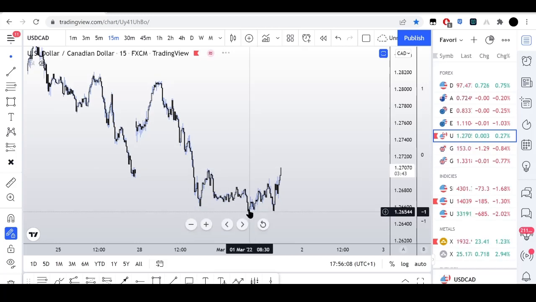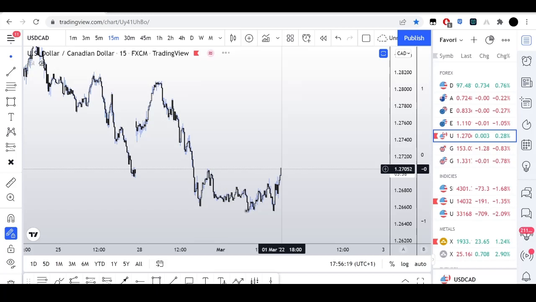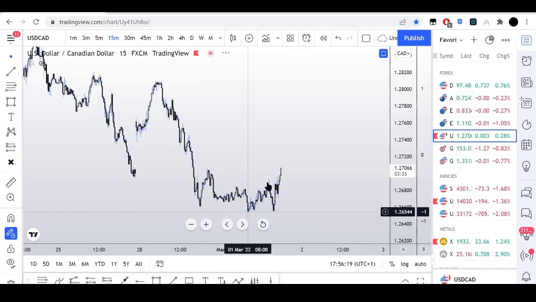If I would have woke up at London, I would have took this trade and would have had a winner on this too. But I was waiting for this low to get ran out. Since I didn't take this one, I would have waited for this low to get ran out, and I possibly would have took this position right here. You see how this candle came down here? It would have been a position right here if this candle ran out this low.